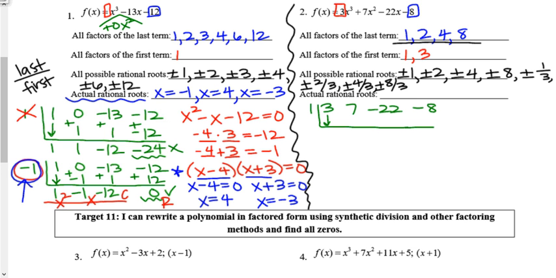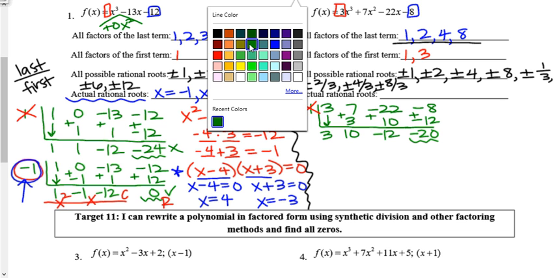Bringing down my 3. 1 times 3 is 3. 7 plus 3 is 10. 1 times 10 is 10. 10 plus -22 is -12. 1 times -12 is -12, and when I add those two together, I get -20. All right, well, that's not going to work. So I know for a fact that 1 is not a rational root.